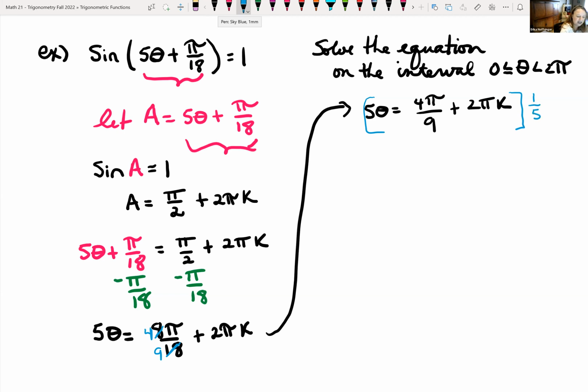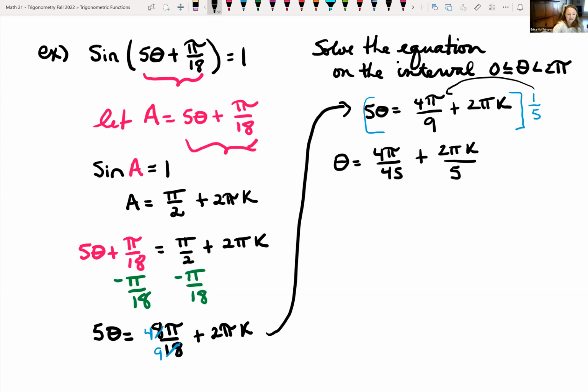So 1/5 times 5 theta is equal to, distributing our 1/5, 4 pi over 9 times 1/5 is 4 pi over 45, plus 1/5 times 2 pi k, which gives me 2 pi k over 5. In order, we're going to start plugging in values for k.